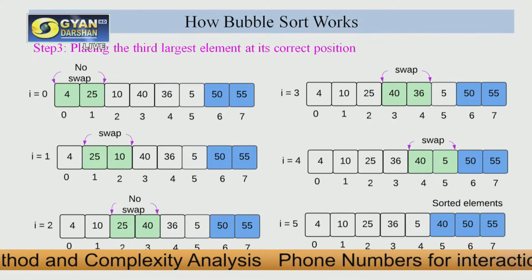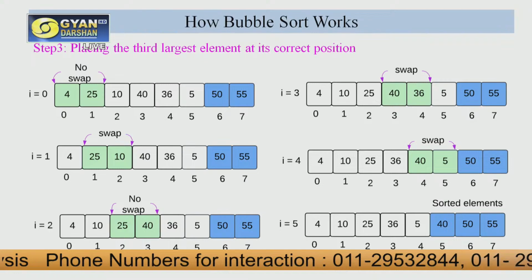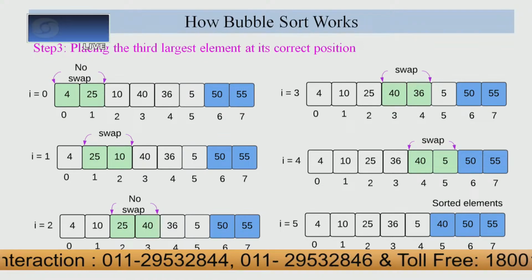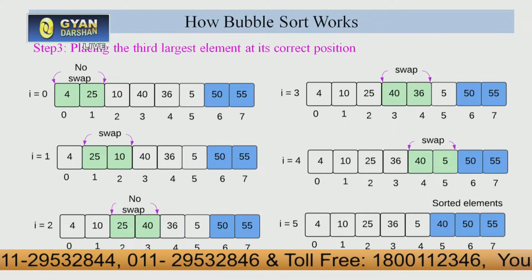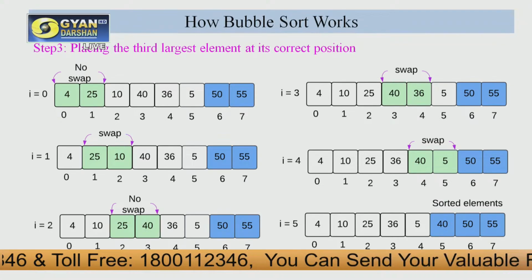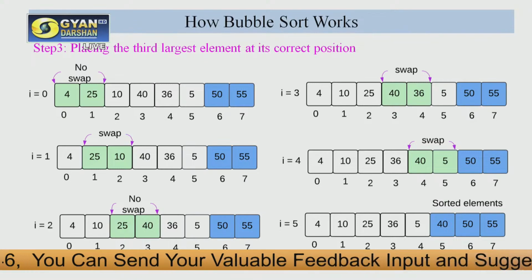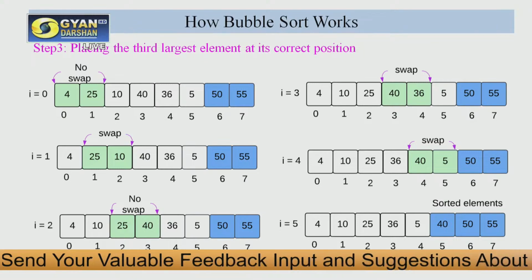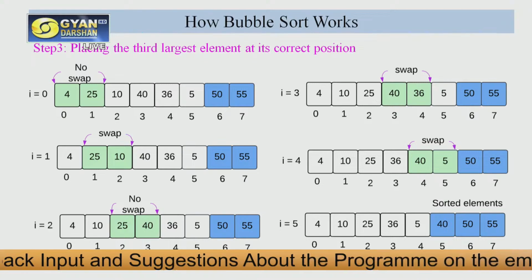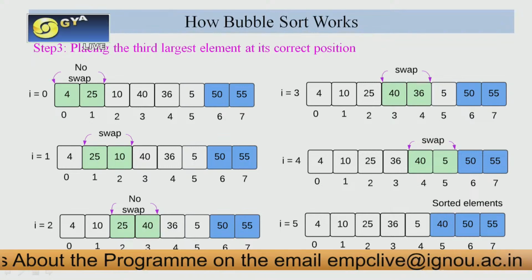Then 25 with 10, swapping will be done because 25 is greater than 10. In the next step, 25 will be compared with 40. Swapping will not be done because 25 is smaller than 40. In this way we continue till the end of this pass, up to iteration number 6, and this 40 is placed at its appropriate place.